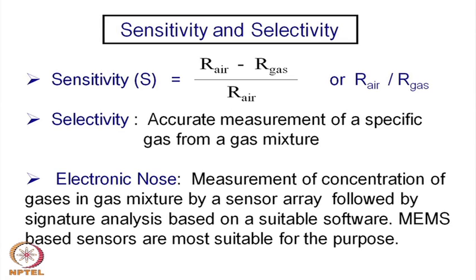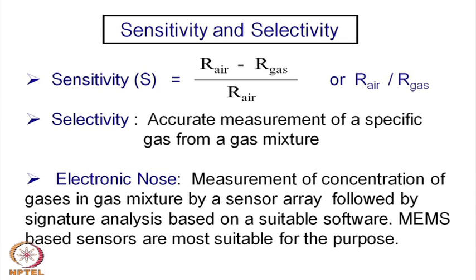One may be a little higher than the other, but accurate measurement of hydrogen separately and carbon monoxide separately becomes difficult. So, this is one of the disadvantages of this kind of sensor.